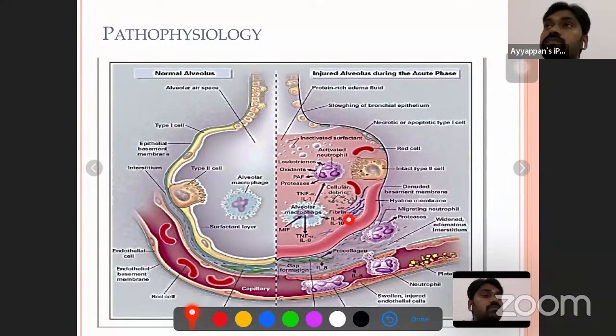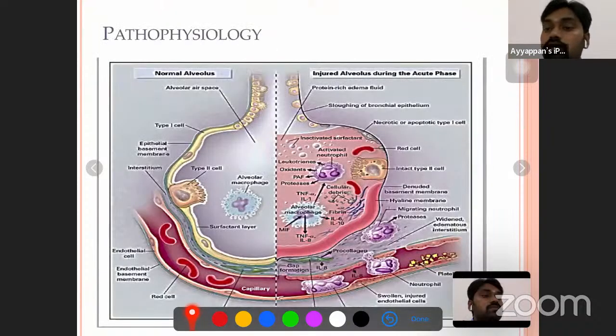The surfactant is the one which reduces the surface tension of the alveoli, which prevents alveolar collapse during normal ventilation. When this surfactant layer is lost and it becomes inactivated surfactant, which floats in this fluid, the function of the surfactant is lost, which results in alveolar collapse. Okay, so an alveolus which was like this ends up like this. It could be secondary to a direct injury to the epithelium, or an indirect injury to the endothelium.